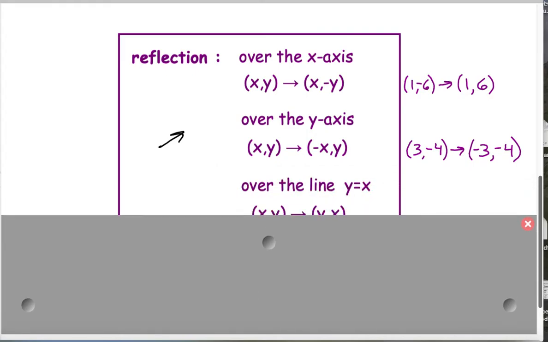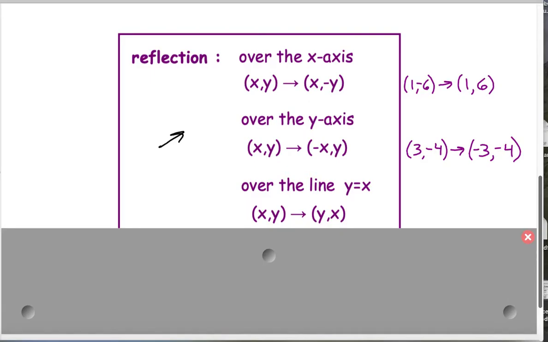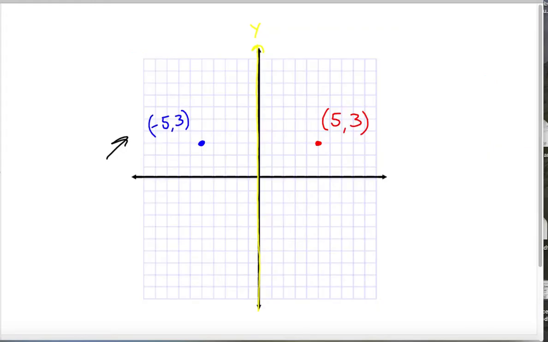All right, one last one. Let's reflect over the line y equal x. When you do that, you're just going to switch your x's and your y's. Show you a visual for that. Now, if I draw the line y equal x, and if I draw this straight, which I'm not drawing too straight, but there we go.